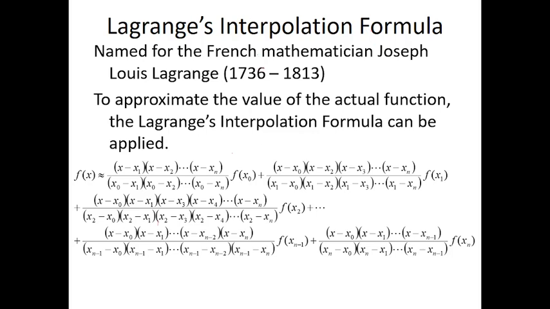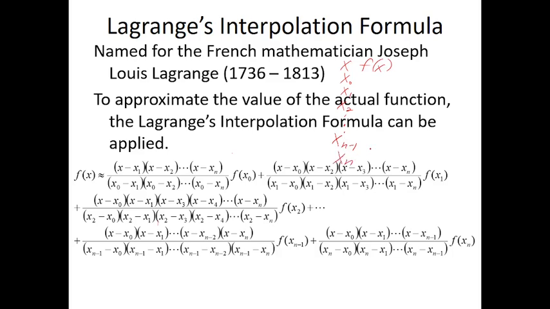For x sub n minus 1, as you notice, if we have a table, let's say this is our table, we have x and f of x. We start with x sub 0, followed by x sub 1, x sub 2, until we reach x sub n minus 1, then x sub n.